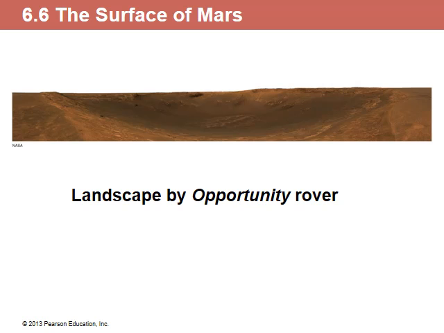Anyway, Opportunity, as we said, was launched initially on a 90-day mission. Landed in 2004. It's been operating continuously on the surface of Mars for over 10 years. Still going now. One of the most successful missions that we've ever attempted and accomplished. Opportunity's learned a lot about the surface of Mars, about the topography of Mars.